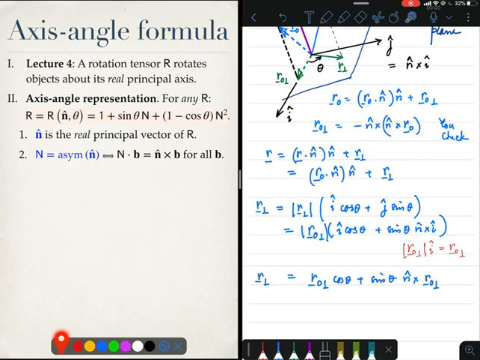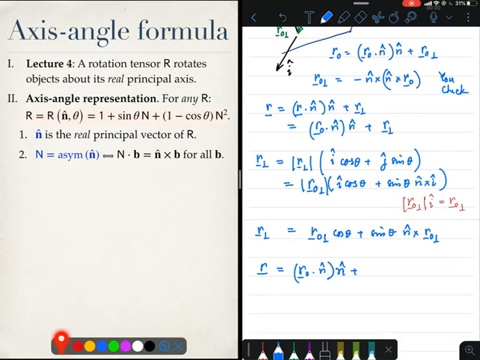So I have been steadily trying to convert r and r perp in terms of r0s and r0 perps. Okay, so now what I am going to do is replace r perp here, and when I do that I will get r as r0 dot n plus r0 perp cosine theta plus sine theta n cross r0 perp.